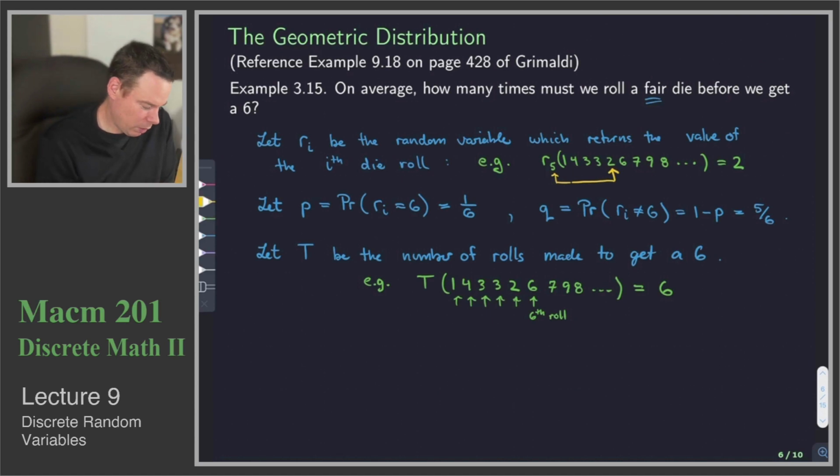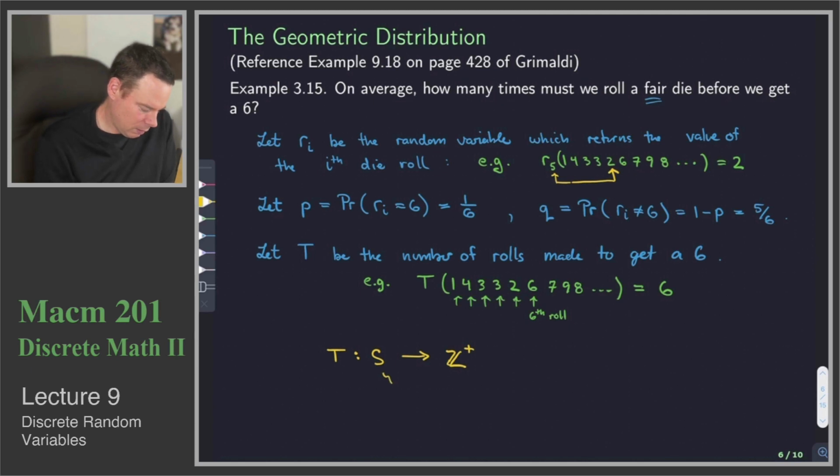To summarize where we are so far, we've got this random variable T on our sample space, and what it's producing is an integer from 1 or more. We'll write this as Z plus, the set of positive integers, from 1 onward. I don't have to say it's producing a real number, because in this case it's producing a positive integer.